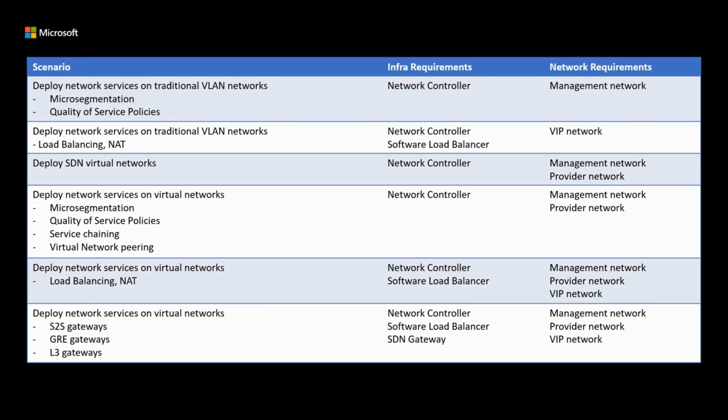Now, if you then said, Kyle, well, I have traditional VLAN networks, I want the security, but I also want to do load balancing. Well, then you would deploy network controller and our software load balancer. And you would have network requirements of a management network and a VIP network. Now, your VIP network is a range of addresses that can be used for load balancing.